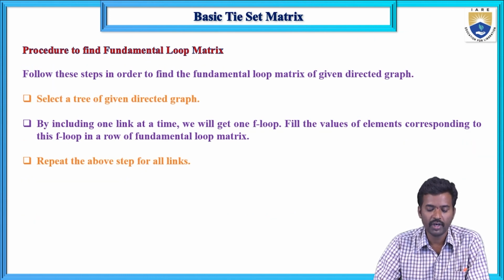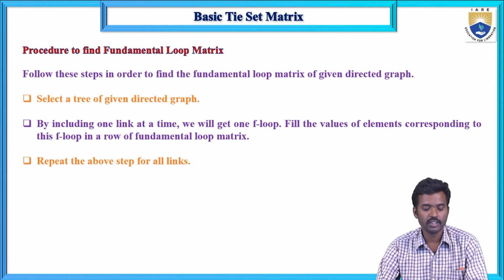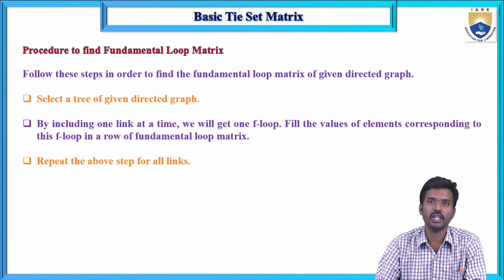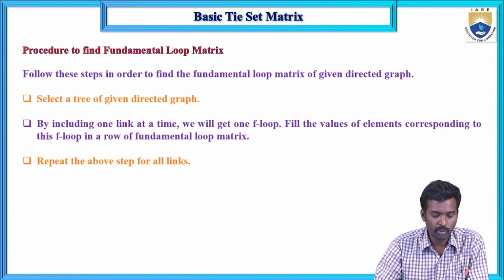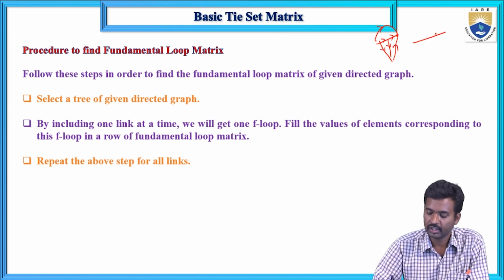Now the procedure to find the fundamental loop matrix, that means the tie-set matrix. We have three steps. First, select a tree of the given directed graph, that means in the oriented graph, first select any one tree. Suppose this is the directed graph; select one tree.